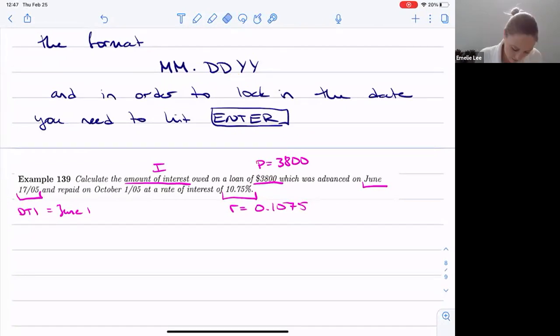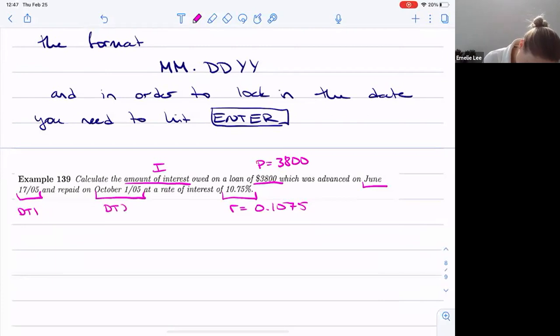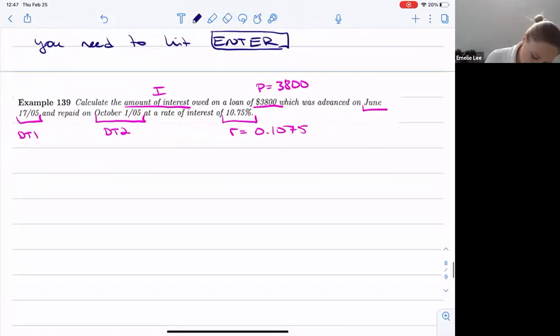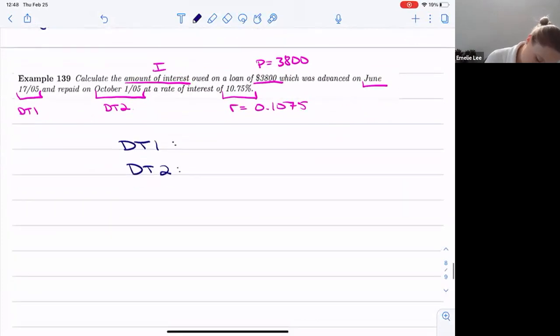But maybe I shouldn't cram it in there. I'll just say that's date one and this is date two. To show my work for these days between dates calculations, I always write it out like this, and I want you to do the same. Date one, date two, and then the days between dates.